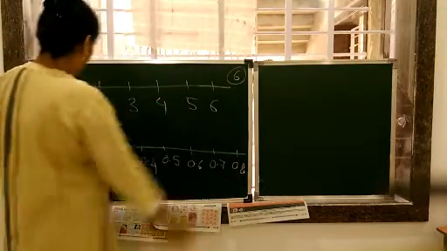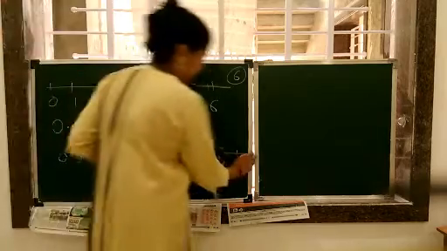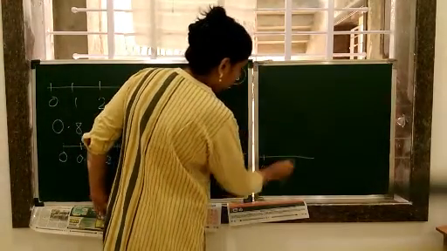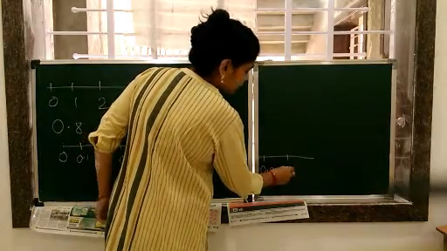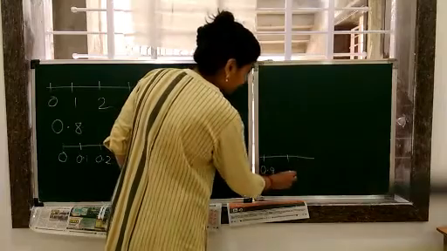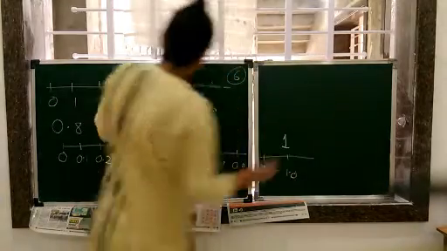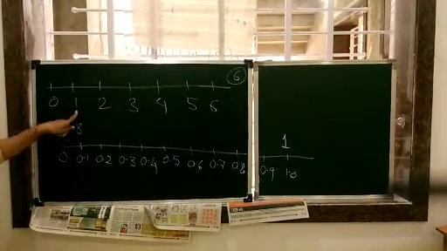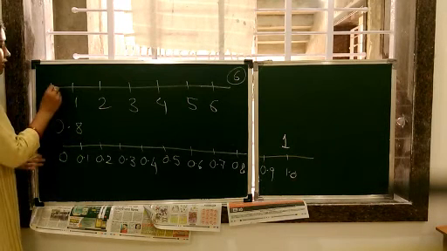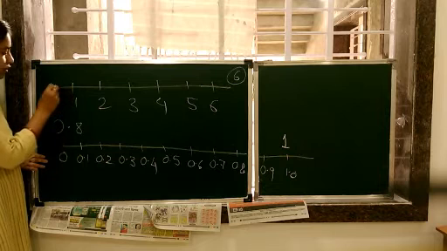So this is your 0.8. If we go ahead, this is 0.9. And then comes not 0.10, this becomes 1.0, which is actually 1. Got it?